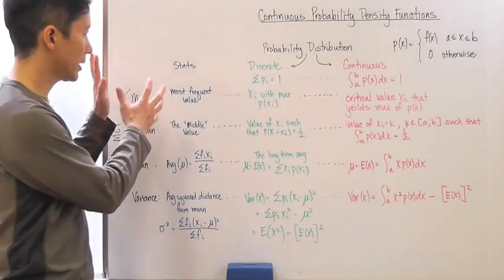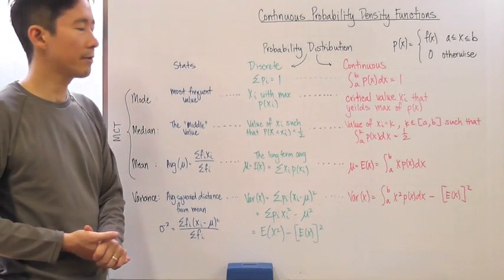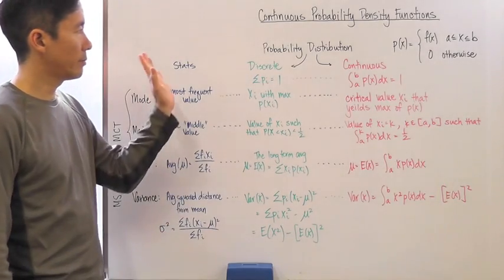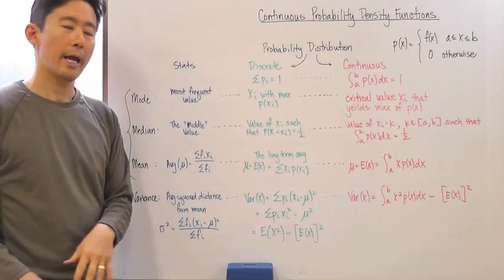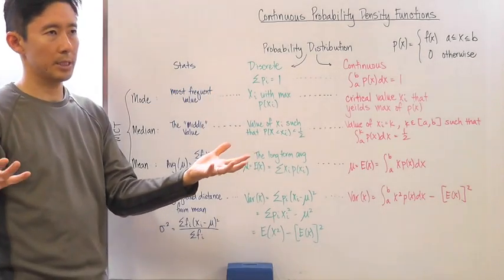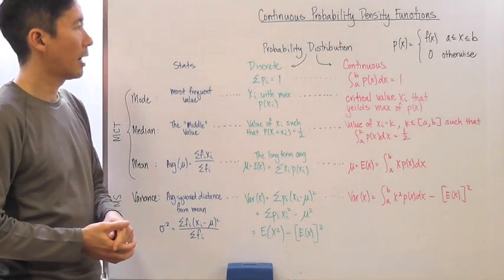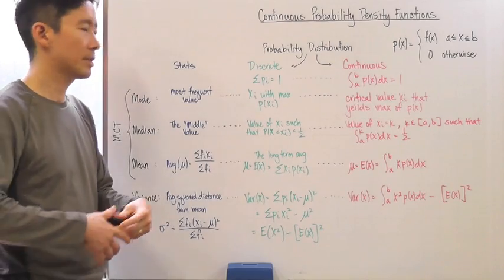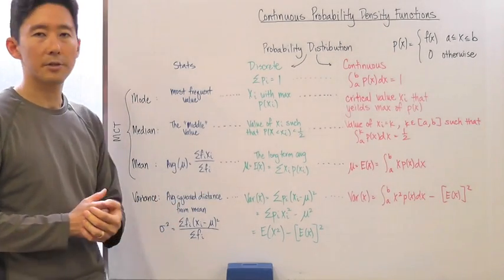Now after we looked at raw data from a statistical perspective, then of course we moved to a probability distribution. And remember that even though we have a probability distribution, we can still analyze those distributions from a statistical perspective. And what we started off with was the discrete case.